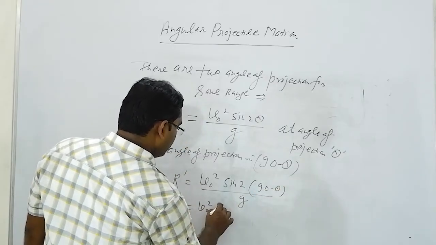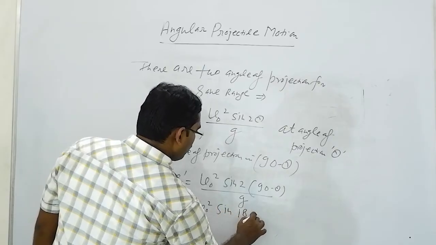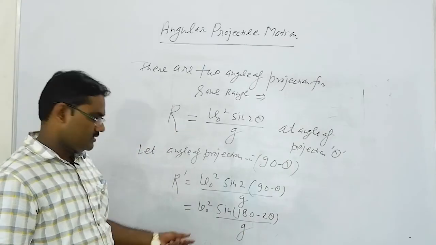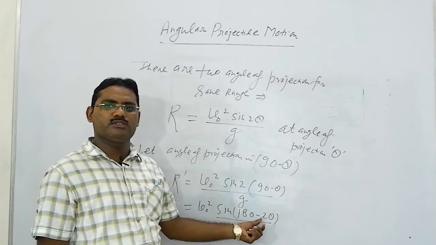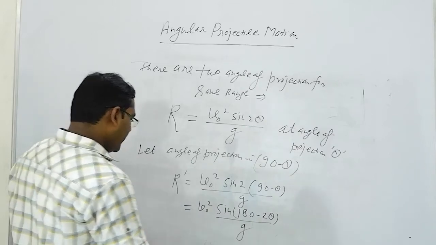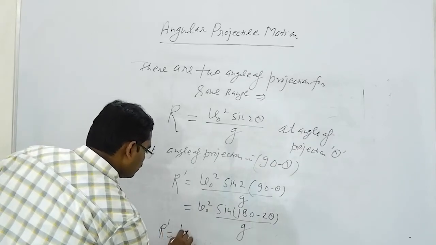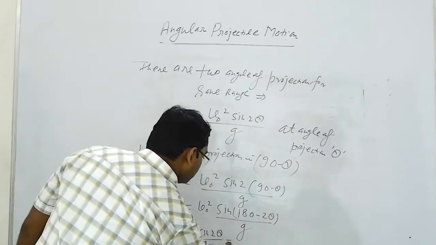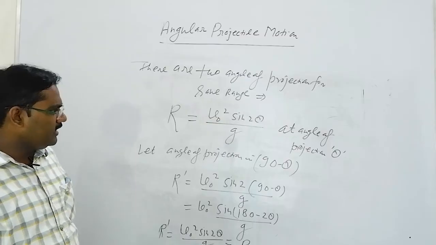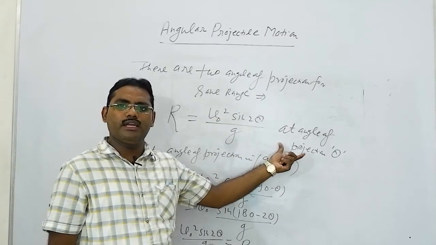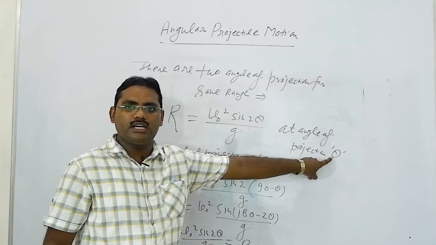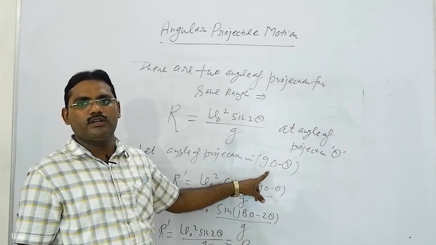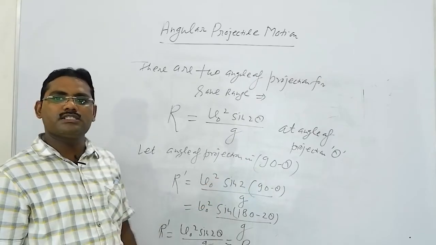That means v naught square sin 180 minus 2 theta divided by g, and sin 180 minus 2 theta gives sin 2 theta. That means here R dash is equal to v naught square sin 2 theta divided by g, which is equal to R. That means there are two angles of projection, one is theta and the second one is 90 minus theta, for which the ranges are the same.